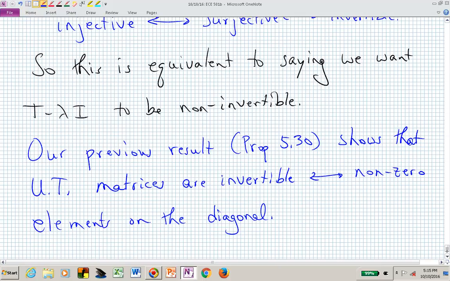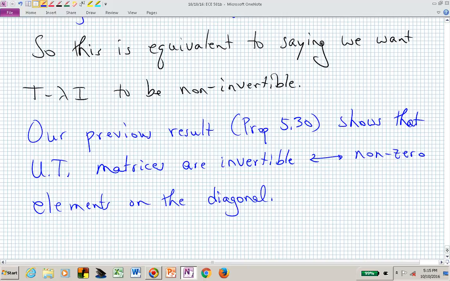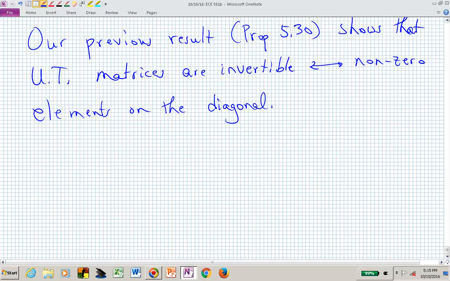But we actually want this to be non-invertible, so we want some of these entries on our diagonal to be 0.